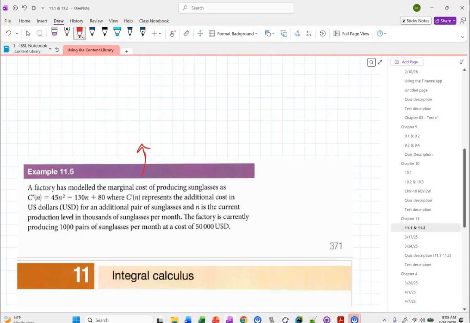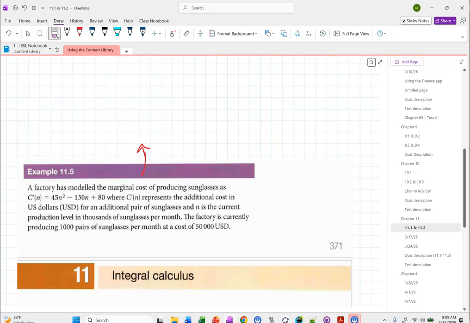So if it asks us to find how much it costs to produce the 1,000, anyways. If I'm looking to generate a cost function, what I need to do is integrate its rate function, right?